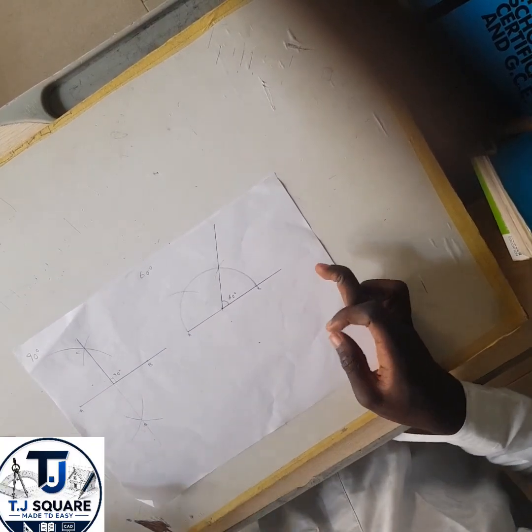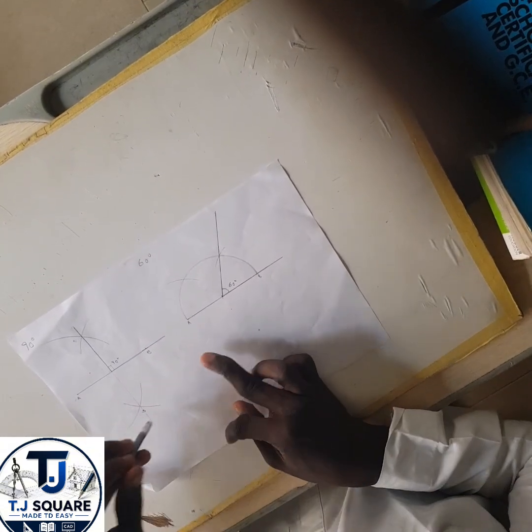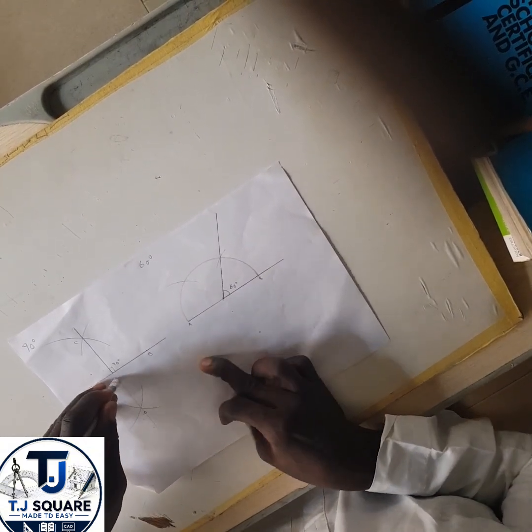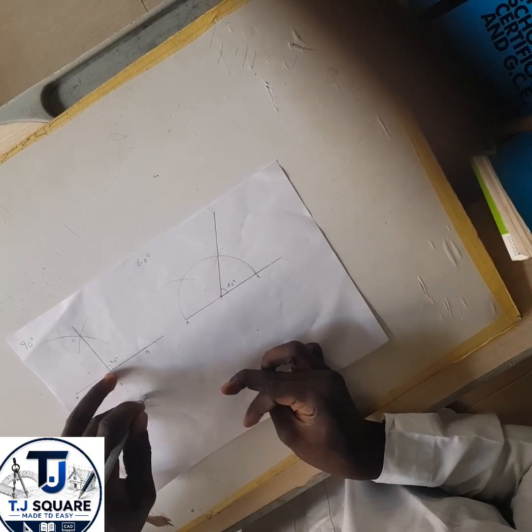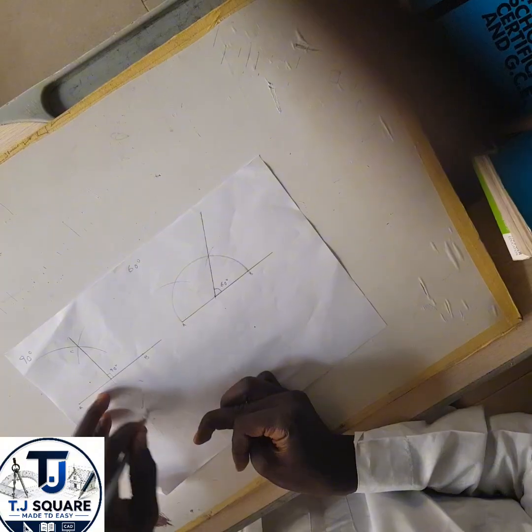So that's that about that. I believe we all understood. So we construct 45 degree. Erasing this. We don't need this anymore. So you erase so we can construct 45 here.